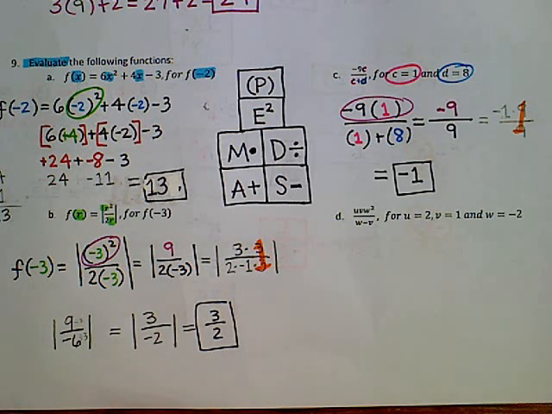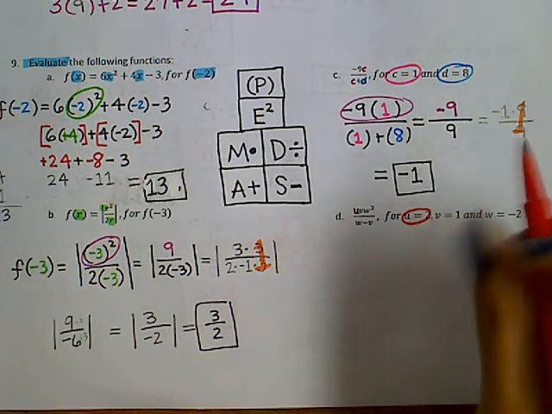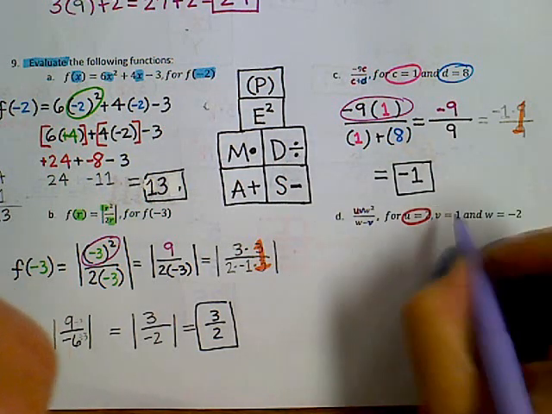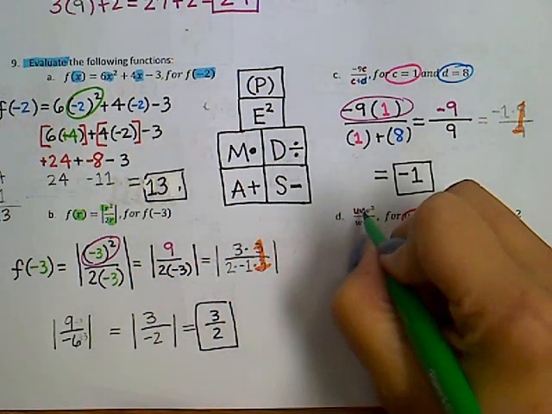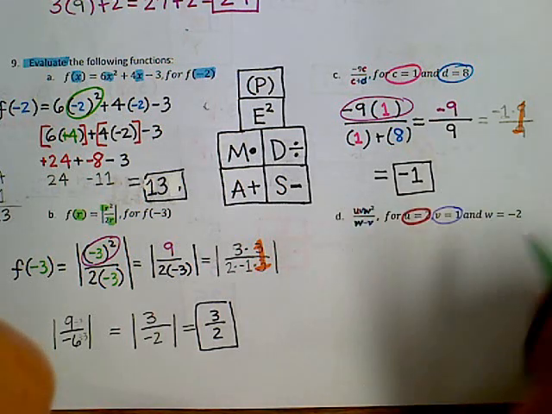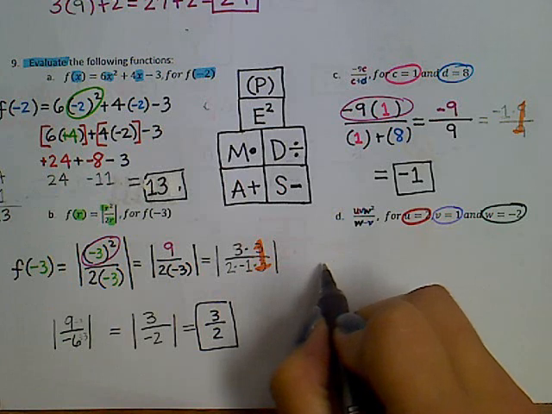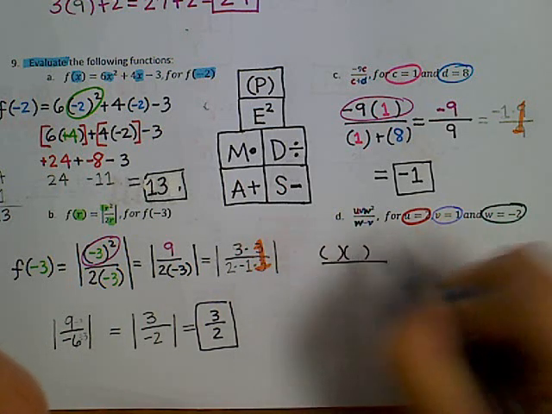So let's go ahead and take a look at our last problem on the back side. We have U, V, and W. So let's go ahead and rewrite. Oof. This one looks a little bit more intense. So I'm going to go ahead and put down my parentheses.